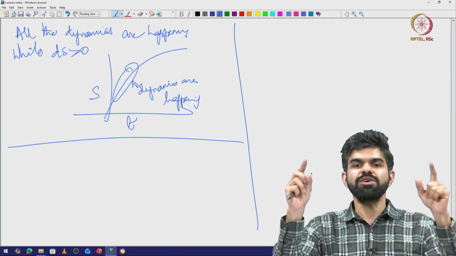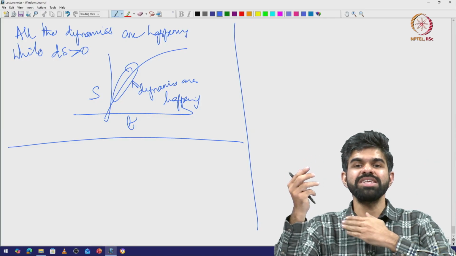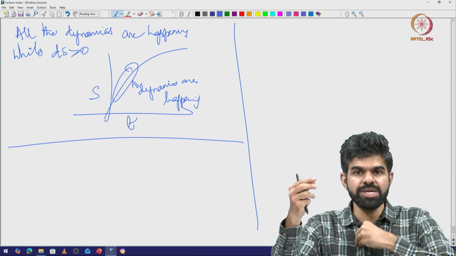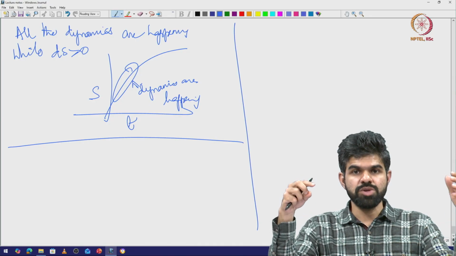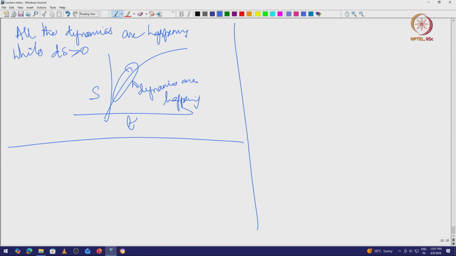What is the mathematical quantity that I need to calculate so that I can predict this process? First of all I need to understand what equilibrium is, and secondly I take the system slightly away from equilibrium and calculate the total delta S of the universe, and then see how this delta S is evolving, and that evolution tells me how my system is going towards equilibrium.